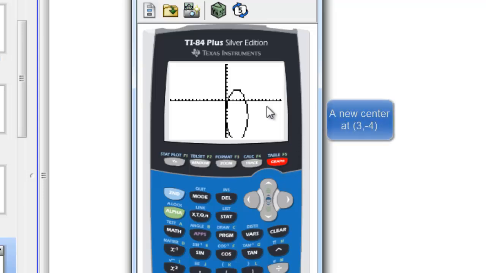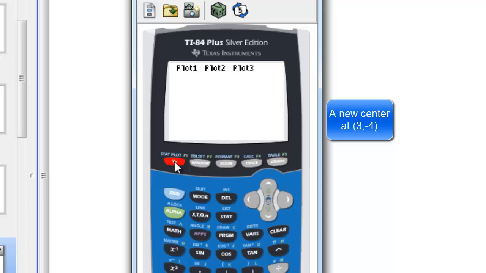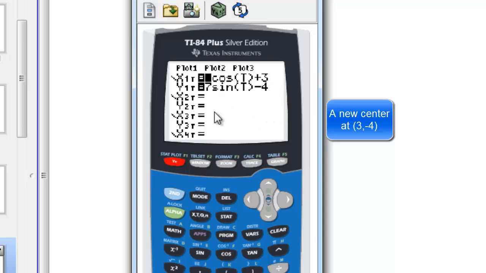Aha! My ellipse is now shifted 3 units to the right and 4 units down. Notice how in these equations the translations both reflect exactly what happens to the image. We add 3 to the x information and the image shifts 3 units to the right. I take away 4 units from the y information and the graph drops 4 units.